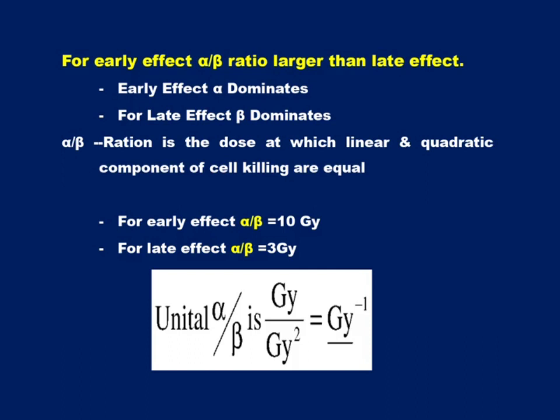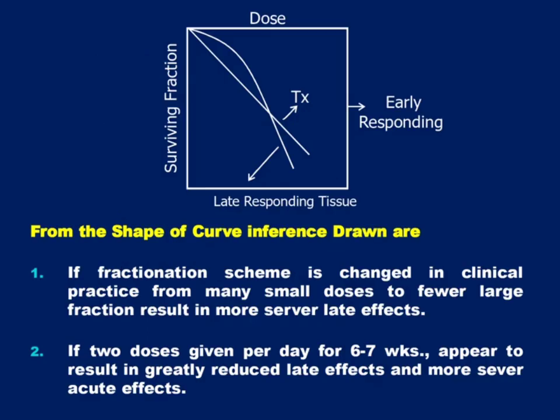Late responding tissue is like spinal cord. But we should also be aware that certain tumors are late responding, for example melanoma, prostate cancer, breast cancer, lung cancer. They are not fast proliferating; the cell cycle time is longer here.